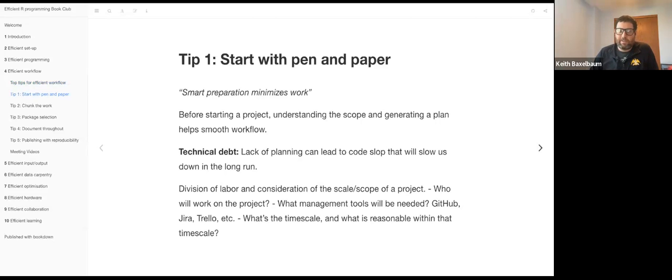They introduced this concept of technical debt that I hadn't heard that term before, but I really love it, which is the idea that if we don't plan ahead, it's easy to say, okay, this code right now is sloppy and potentially not doing quite what we want it to do, but we'll come back and fix it later. I know in my own work, I like to refer to that as future Keith problems.